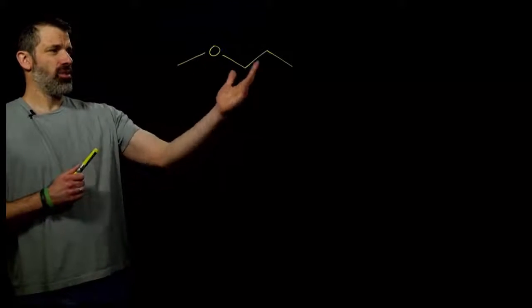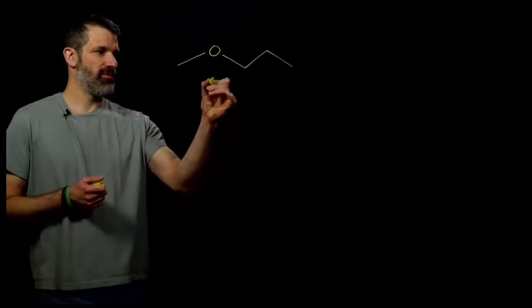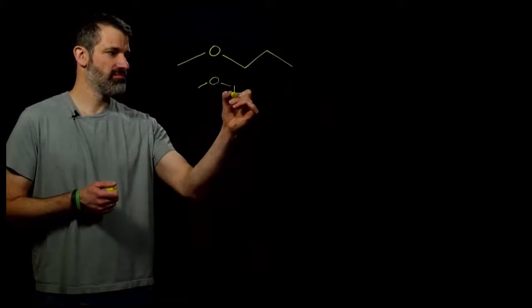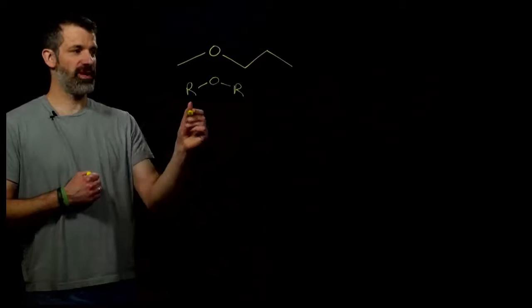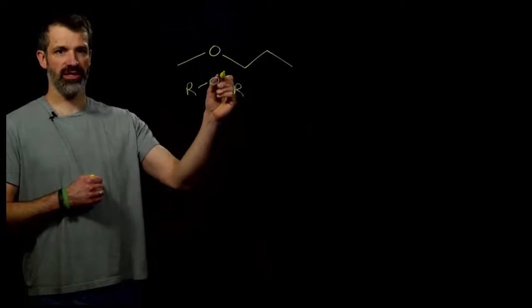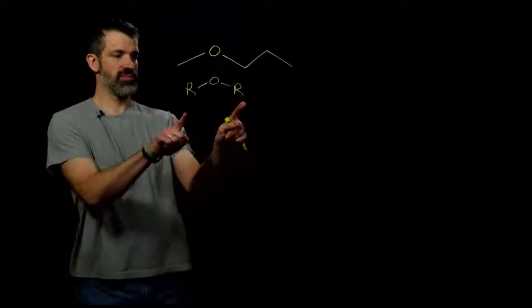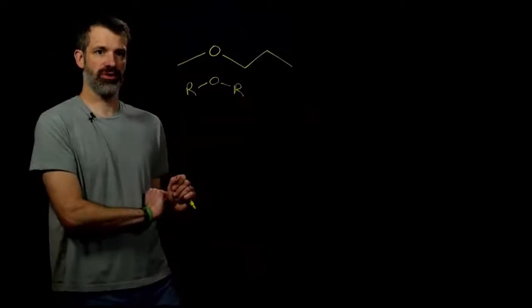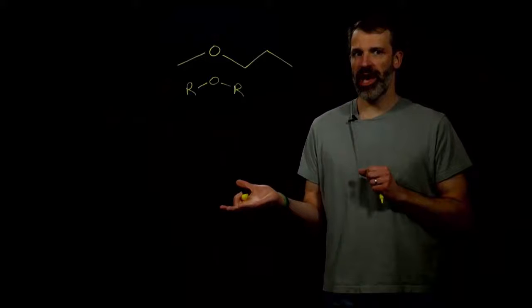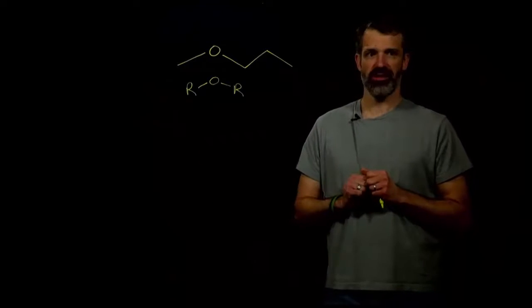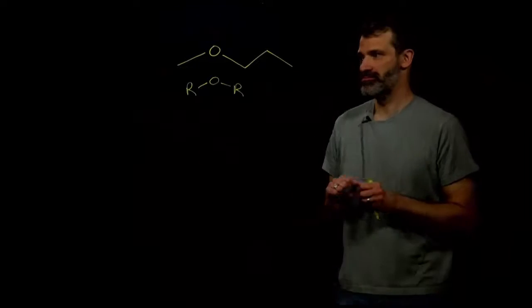So when we're looking at the general form of an ether, we want to find out which one of these two R groups, which are attached on either side of my oxygen, is going to have the longest continuous carbon chain.